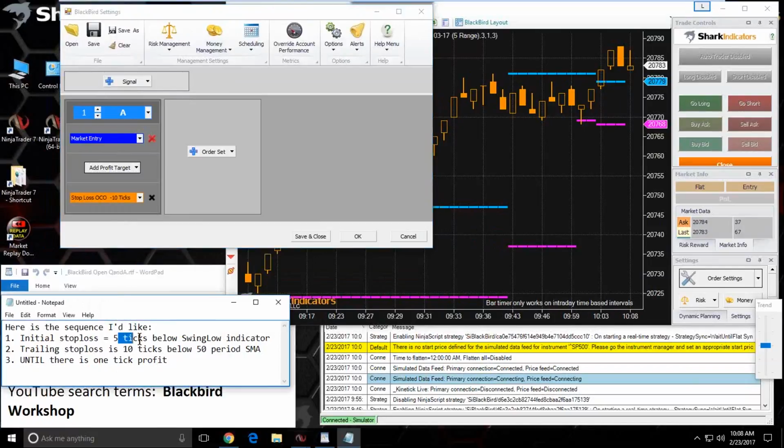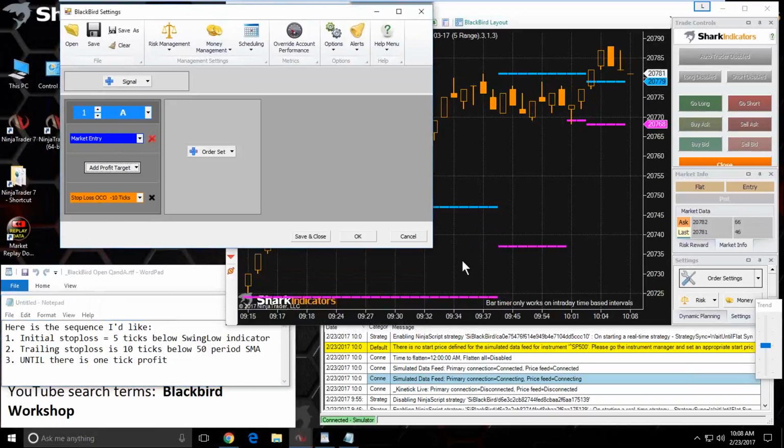Actually, hold on. This is 5 ticks below the swing low indicator. So actually, this is the swing highs, the swing low.